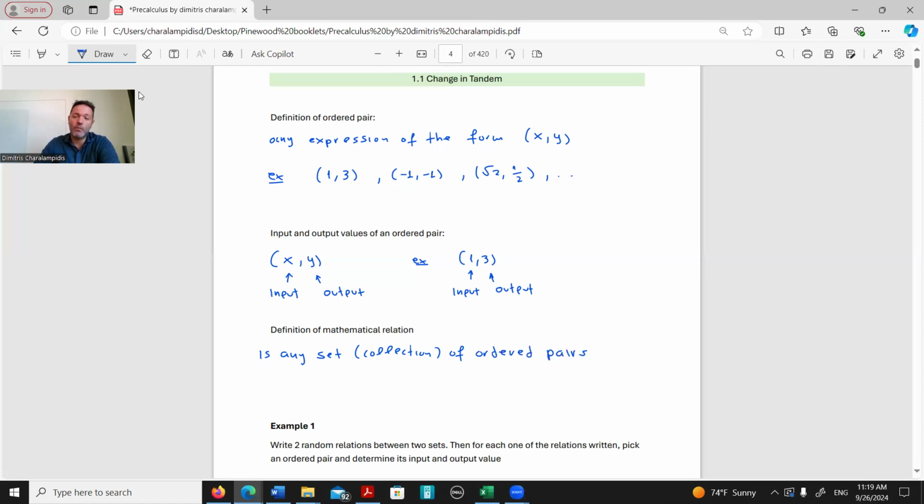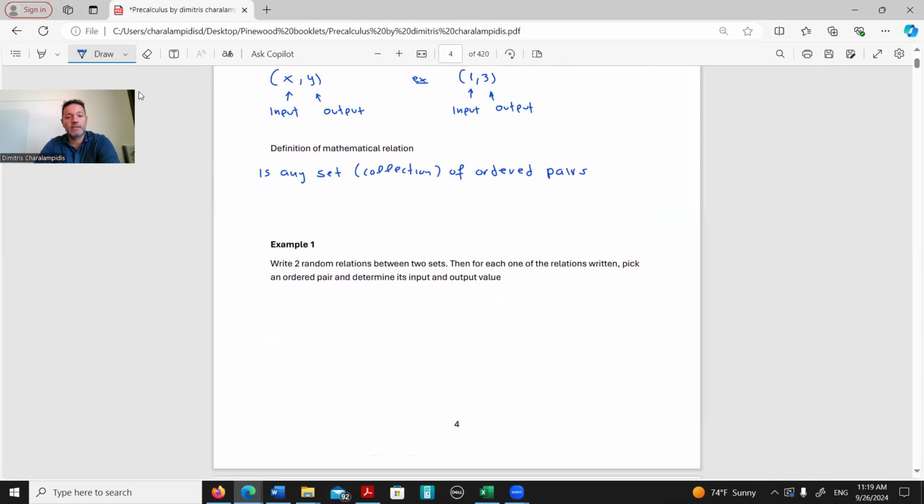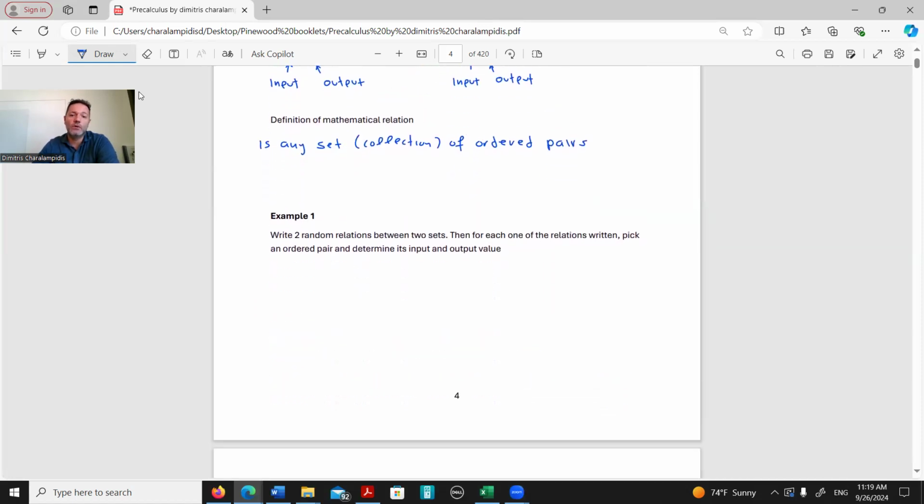So, in simpler words, if we gather one or more ordered pairs, that's how we create a set which is called a relation. Usually, relations are notated by capital letters. Let's see an example. Write two random relations between two sets.